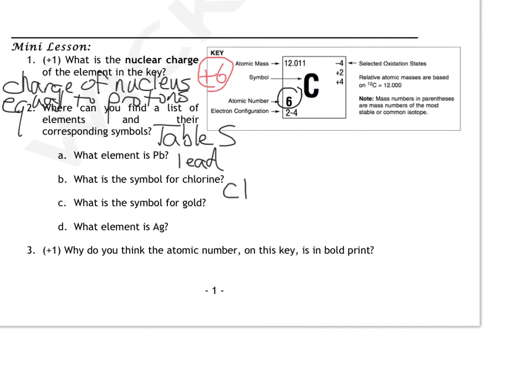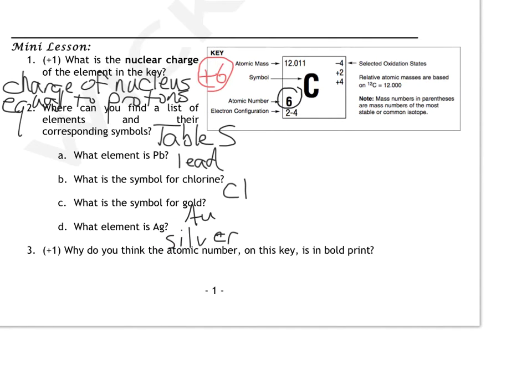So symbol for gold is going to be Au, and the element name for the symbol Ag is going to be silver. All right, so one thing, I don't know if you picked up on this, but I did it on purpose, is lead starts with a lowercase l. Silver I started with a lowercase s.